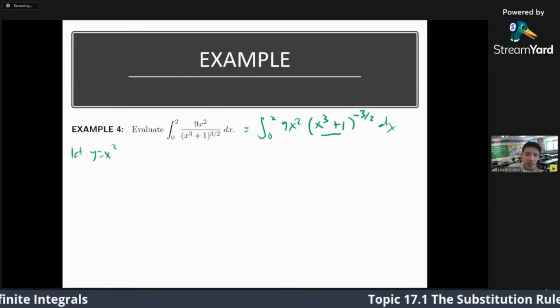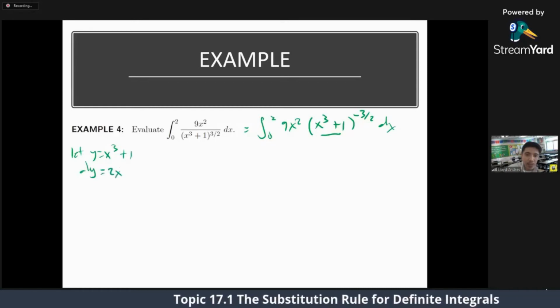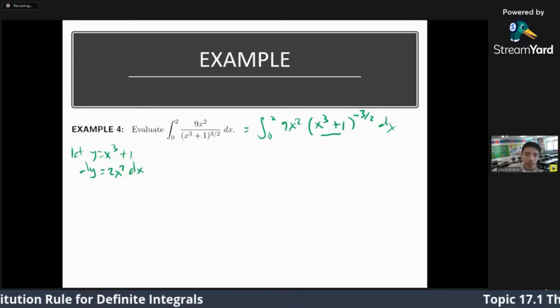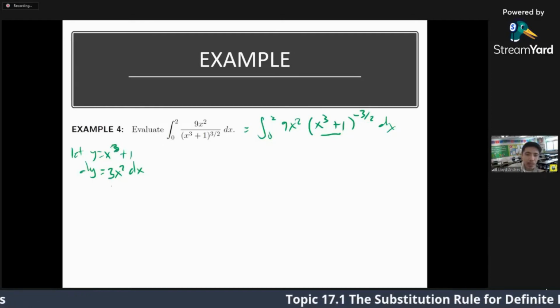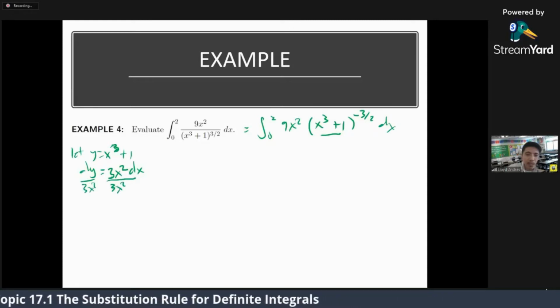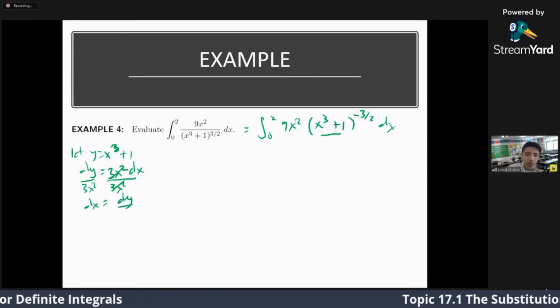So dy is 3x squared dx. The 1 is a constant, so it disappears. Kay 3 is the exponent, so dy is 3x squared dx. Dividing both sides by 3x squared, we can say that dx is dy over 3x squared.